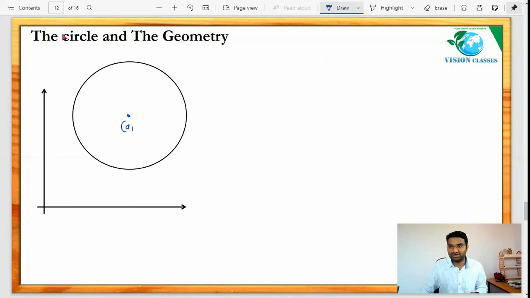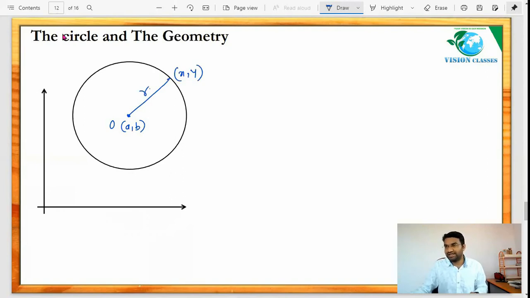Then next, if the center is somewhere else, means we consider the center of a circle, let's say a comma b, let's say O, and any point on the circle, let's say we consider x comma y, right? So in this case, again, the radius is r.